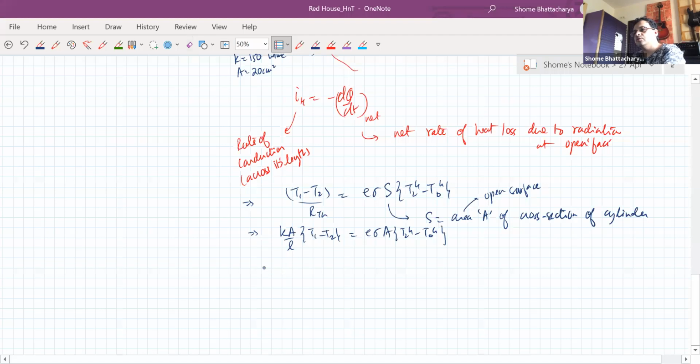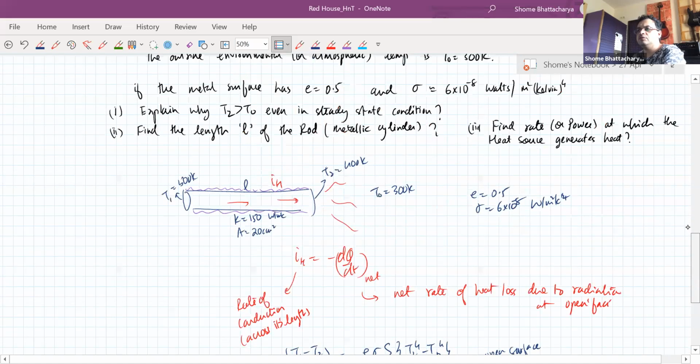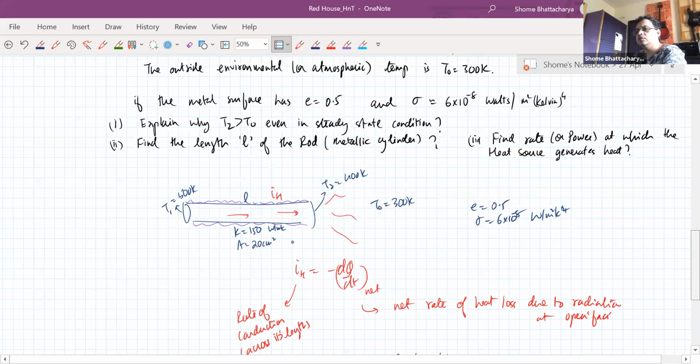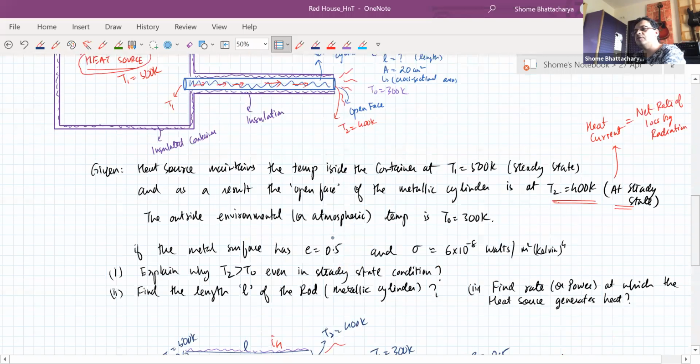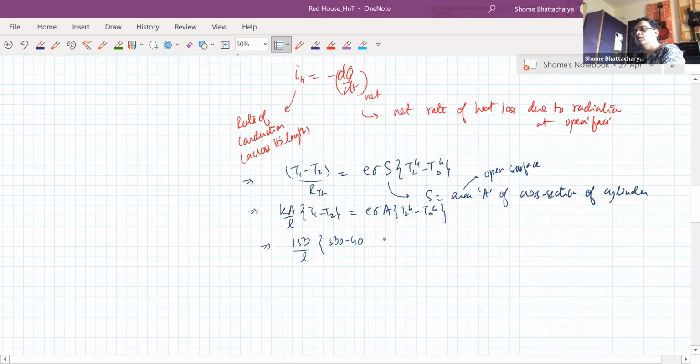Okay. And from that, we should get, K was how much? K was 150. Yeah, correct. So in SI unit 150 divided by length into 500 minus 400, that should be 0.5 into 6 into 10 raised power minus 8.